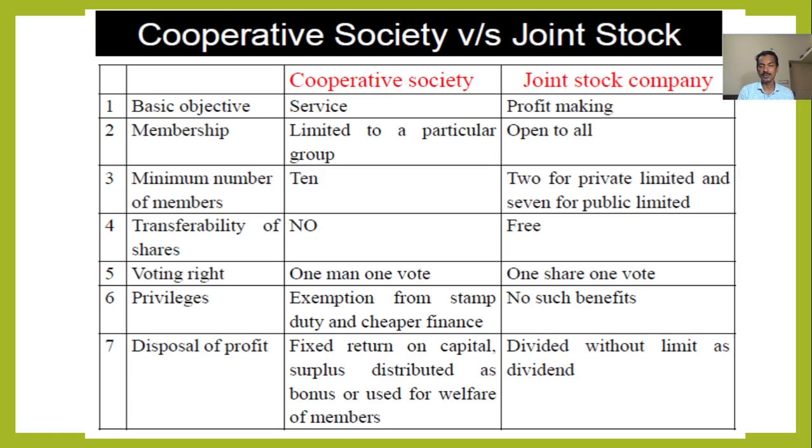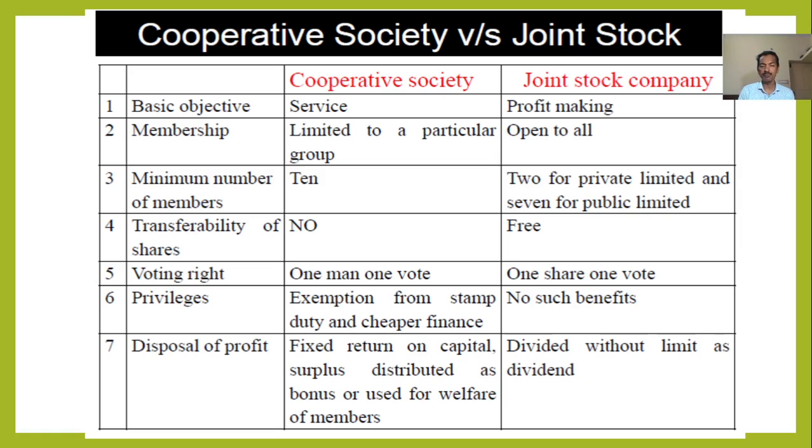In case of cooperative society, it is limited to a particular group, and what type it will be depends on what type of cooperative society it is, like a farmers cooperative society or housing cooperative society. Depends on that, the membership will be there. In case of joint stock company, the membership is open to all. Anyone can get the membership by investing in shares.